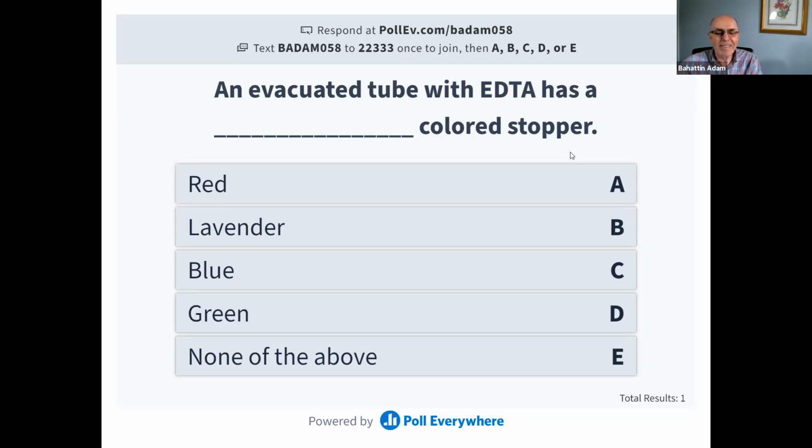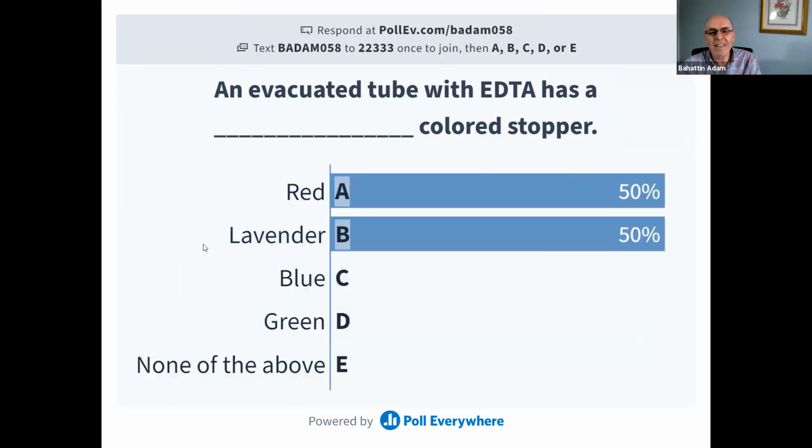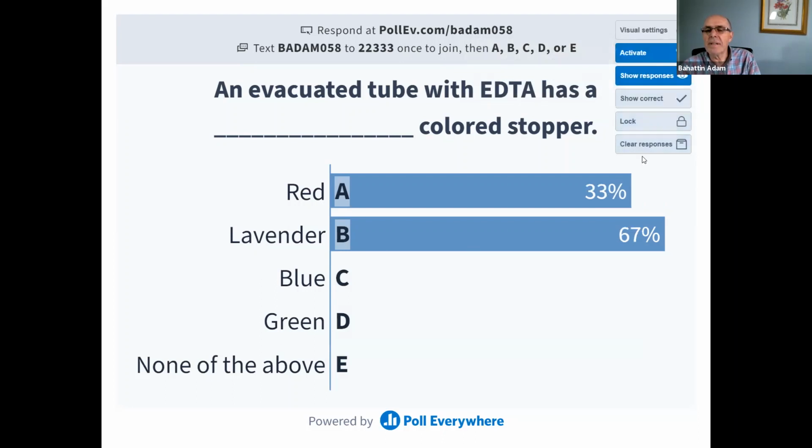Come on, guys. Two more. Which color do you like? Let's see. Lavender is correct. Purple or lavender is the correct answer.